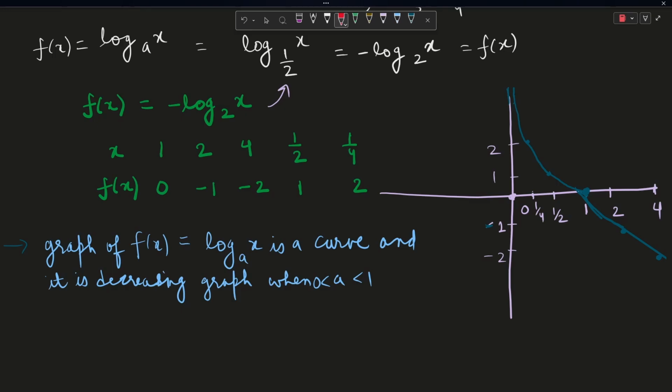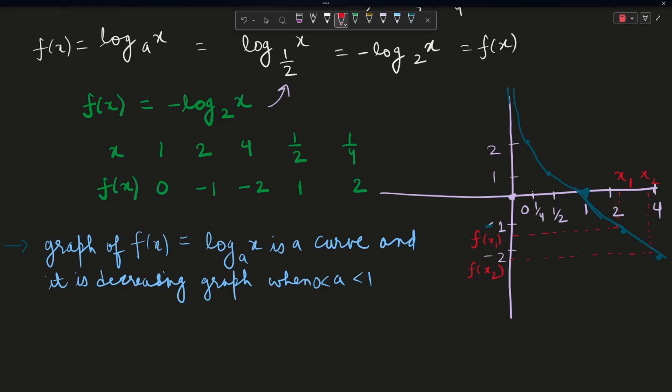Again, we can take some points. Let's say I'm taking a value x1, and for x1, I have a value f of x1 on the y-axis, and another point x2, and for x2, I have the corresponding value f of x2.